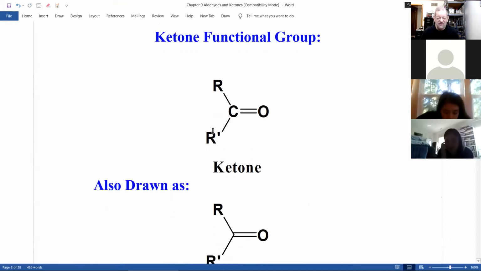Now the other functional group, and remember, I'm going to have way too much fun because Dr. White loves ketones and aldehydes, so does Mother Nature. When you have a carbon double bonded to oxygen with two R groups, and they can be the same or different, R and R prime, we call this a ketone.